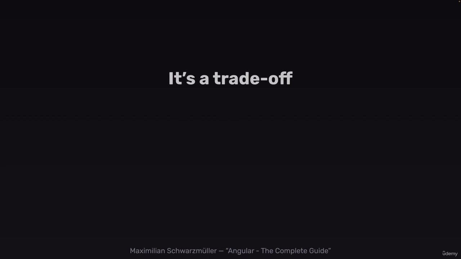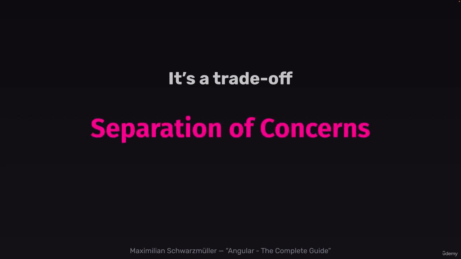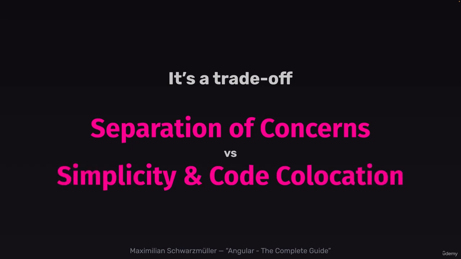So in the end, it's also a trade-off and comes down to your personal preferences. You have this separation of concerns principle, and therefore you might want to create very granular, small components and work with many components. But at the same time, you sometimes might end up with a simpler application and more simplicity if you co-locate your code.